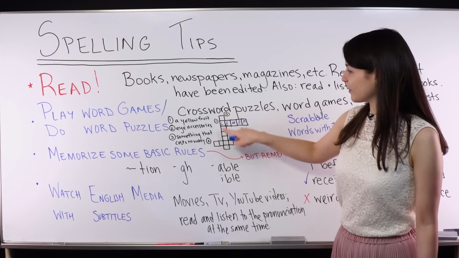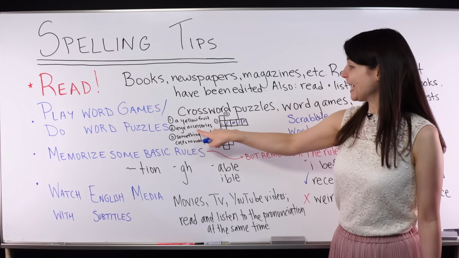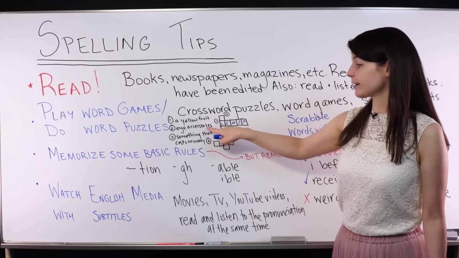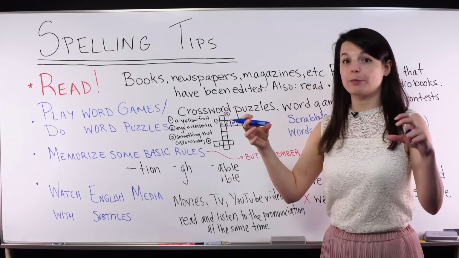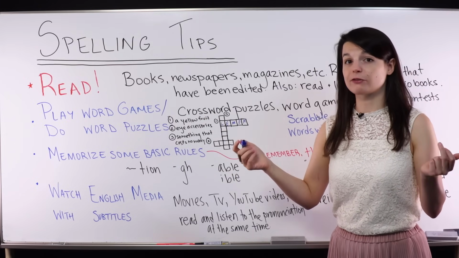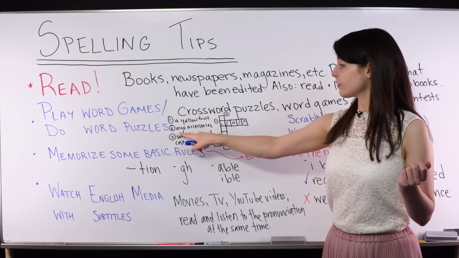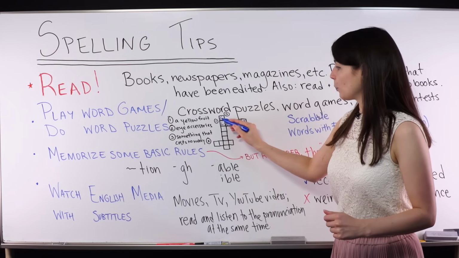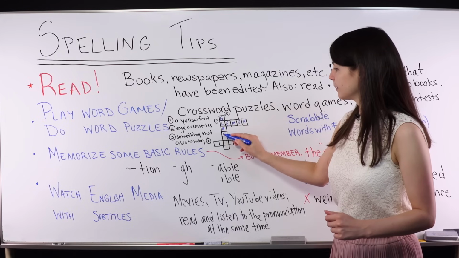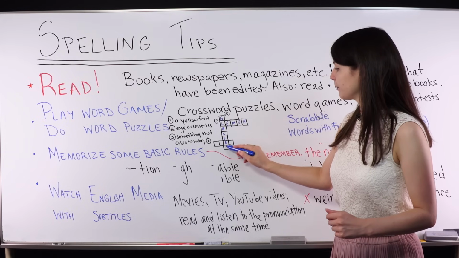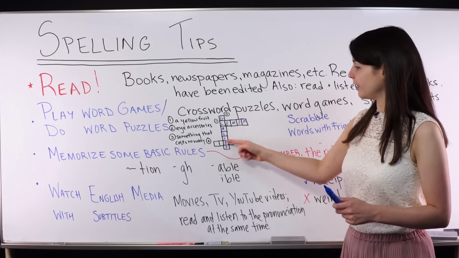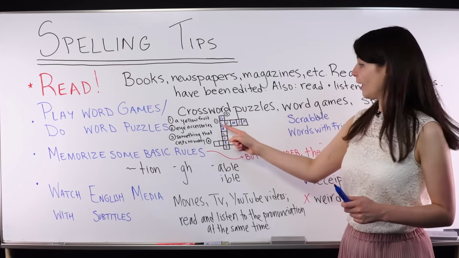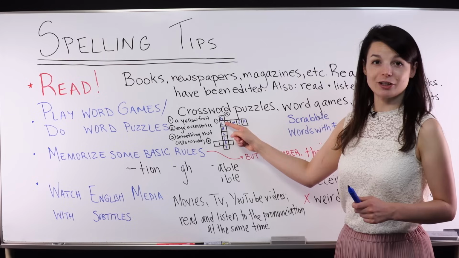Number 2 should actually be here. Number 2 is eye accessories. So an accessory is a small piece of clothing or like jewelry, for example. In this case, it's for your eyes. So eye accessories, that's glasses. So we write glasses with one letter in each box, and it fits here. It also fits with the L from lemon from our first clue.